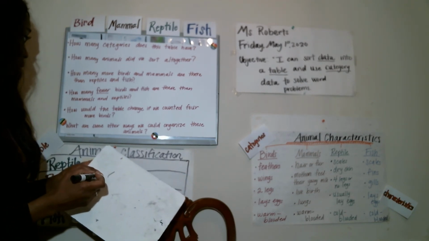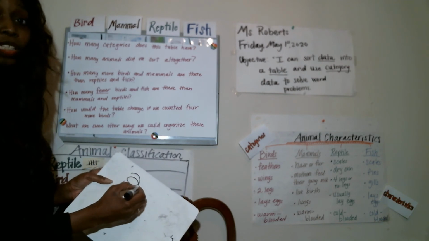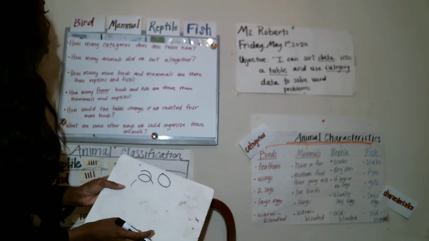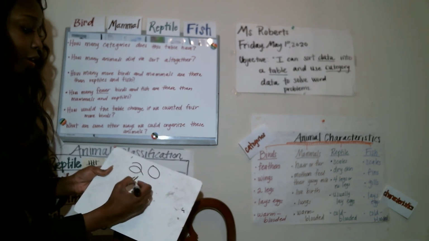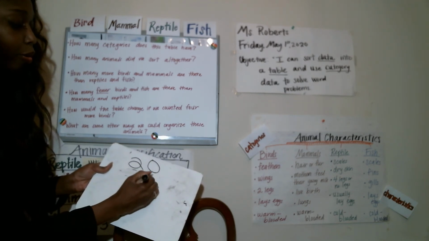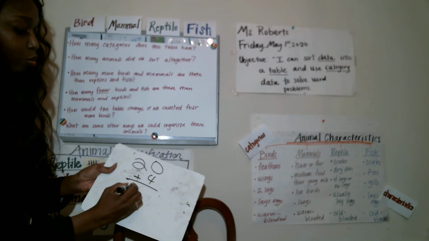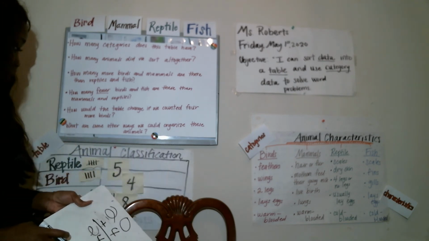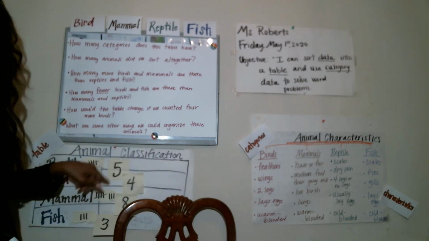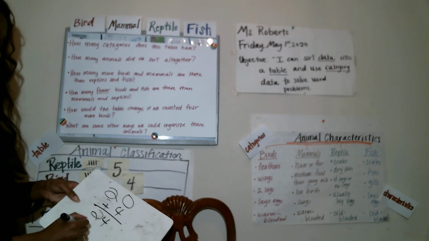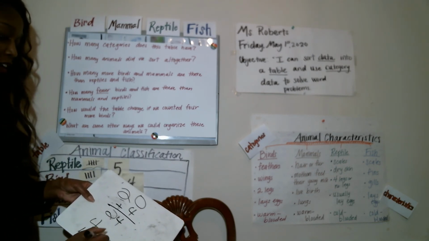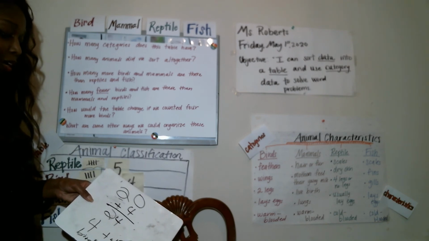Okay, so we already know that there's 20 animals in all, and if we add 4 more birds, it becomes 24. But how will the table change? So it will be a total of 24. We already have 4 birds. We add 4 more birds, becomes 8.